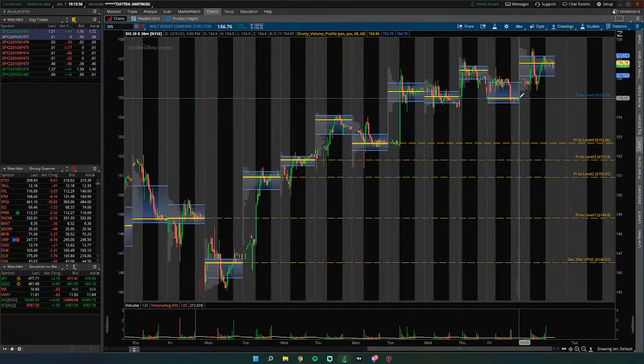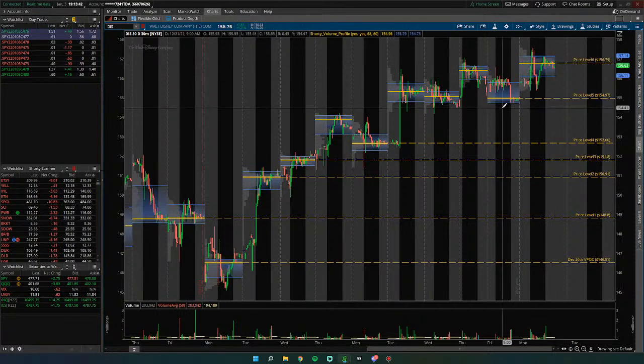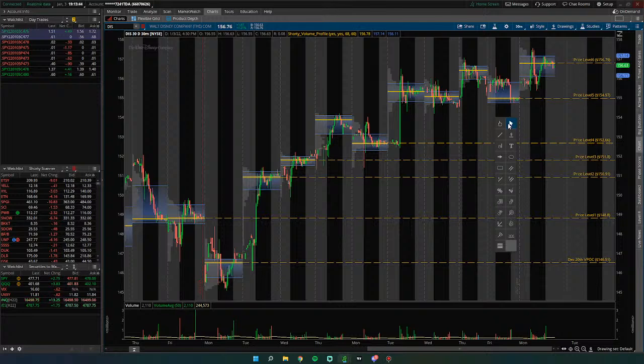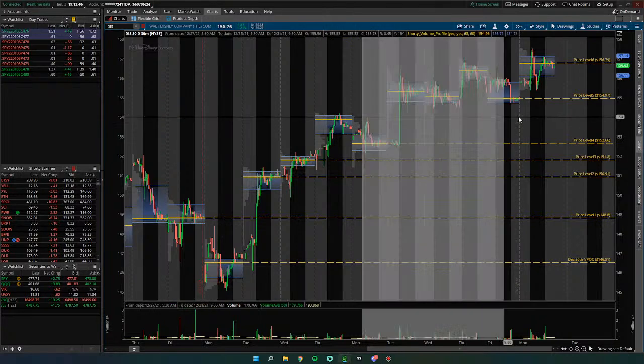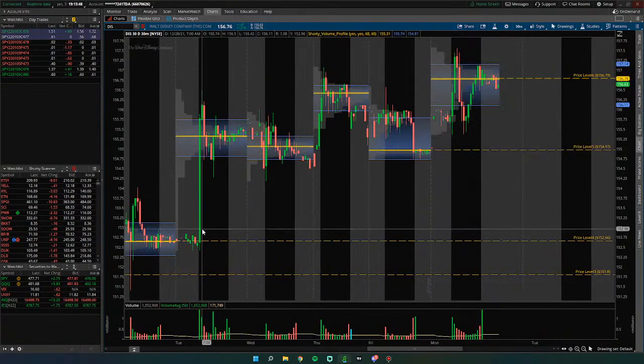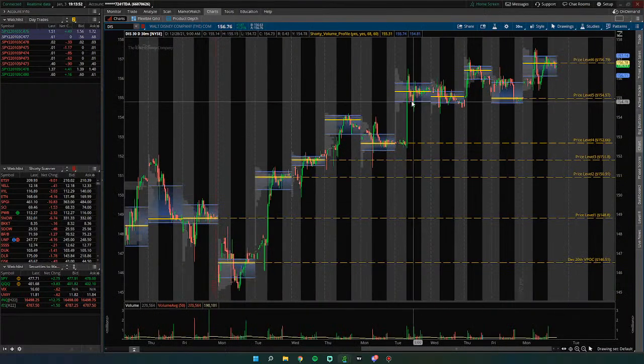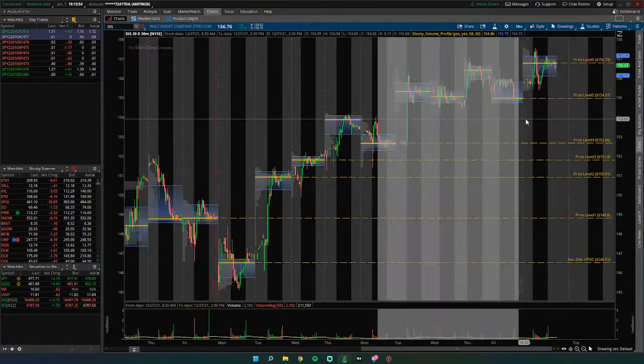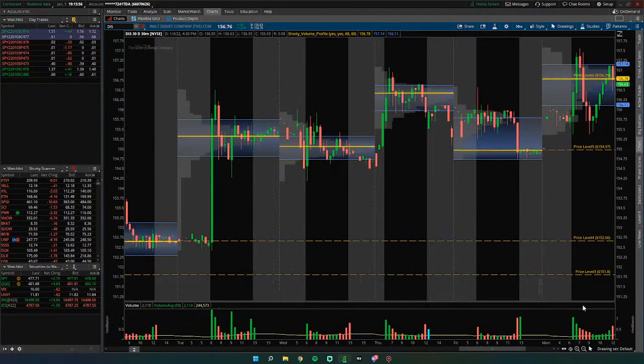This one here, virgin POC. Virgin POC here. For a second, I thought we had a gap here, but this is during trading hours, so no gap.